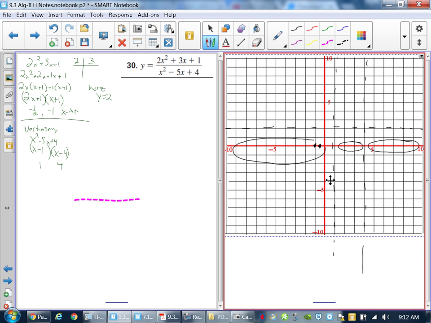I probably want to check it at -3, and at 0, because I can check 0 real quick. I get a 4th, so I kind of get the idea of where things are going, or where it's coming from. And then I would check it at 2 and 3. Then I check it again at 5, 6, and just pop points like that.